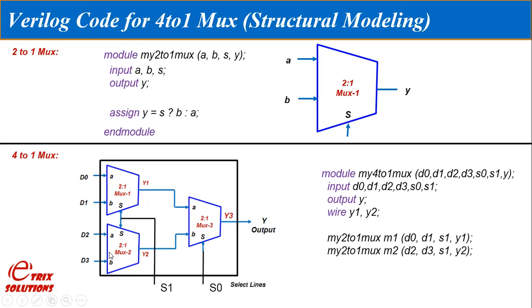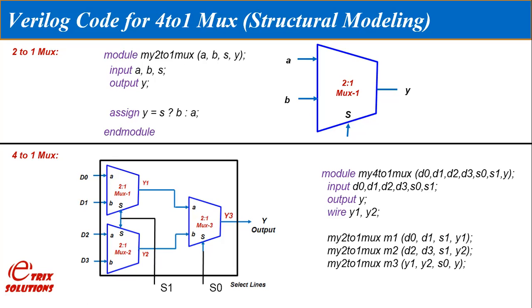And again you can see that the order is same as the previously implemented module, meaning D2 is connected to A, D3 is connected to B, S is connected to S1, and Y is connected to Y2. And let us call one more 2 to 1 multiplexer.